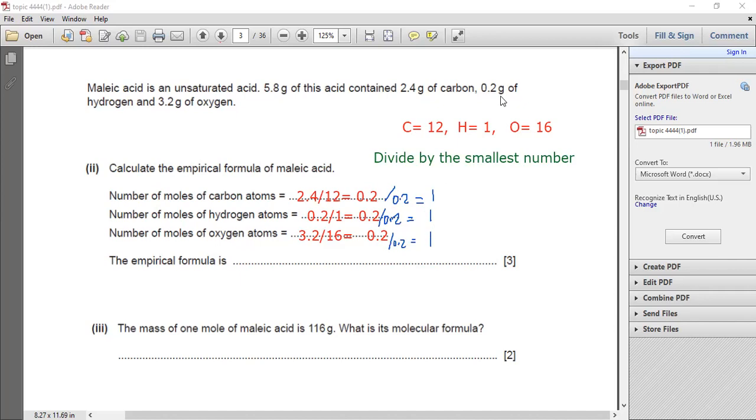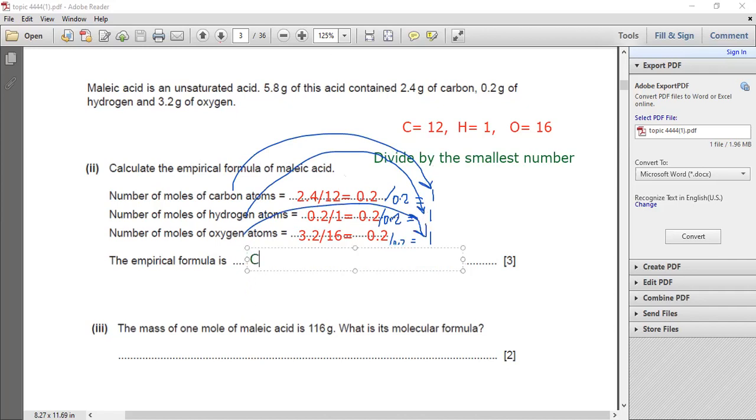Now, what is the empirical formula? Carbon 1, hydrogen 1, oxygen 1. So the empirical formula will be C1, but I don't write 1. CH1O. CHO.